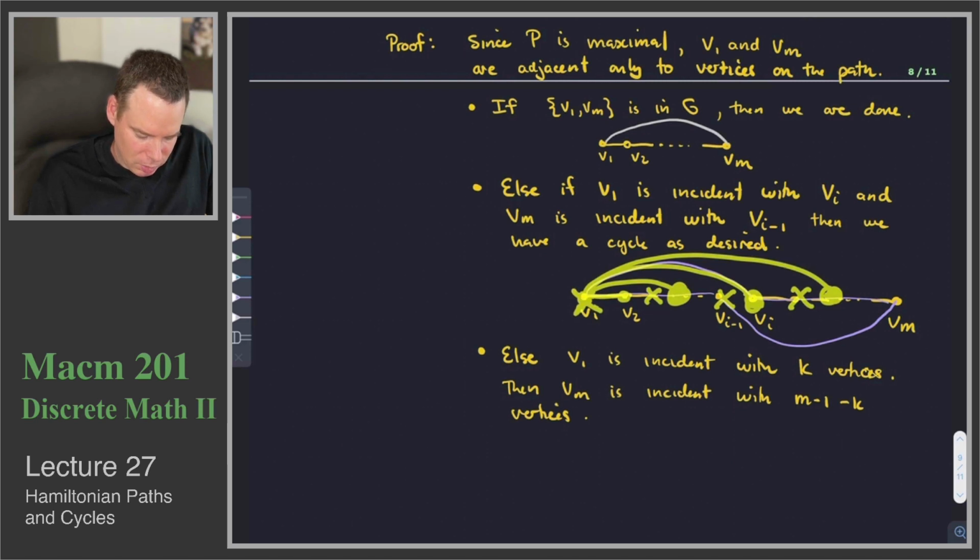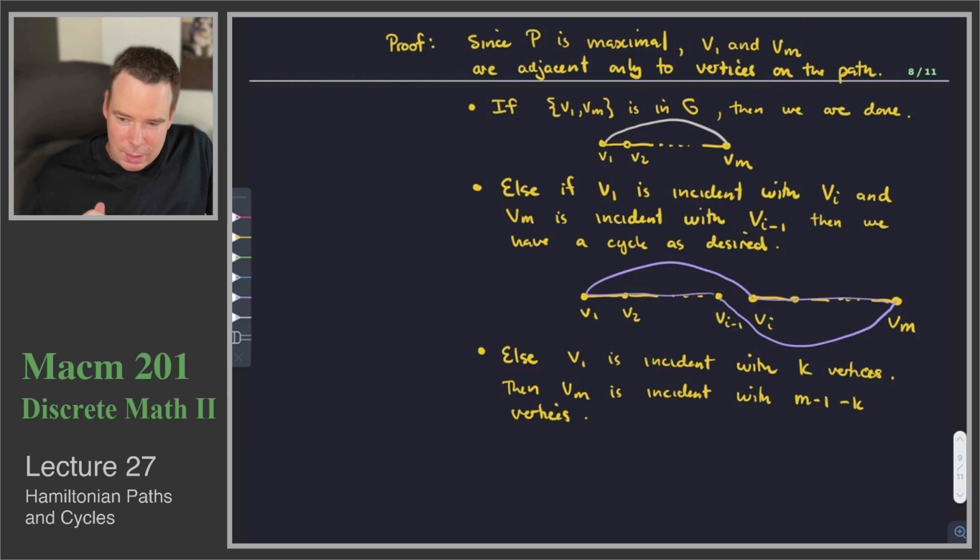So how many is it not adjacent to? In this case, the degree of our V1 as shown in the picture, the number of neighbors it's adjacent to, is 1, 2, 3, 4, where the little circles are drawn. And so Vm can't be adjacent to those four x's, which are to the left of the little circles. So it can't be adjacent to k vertices.